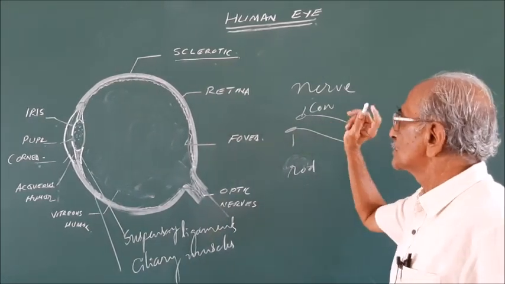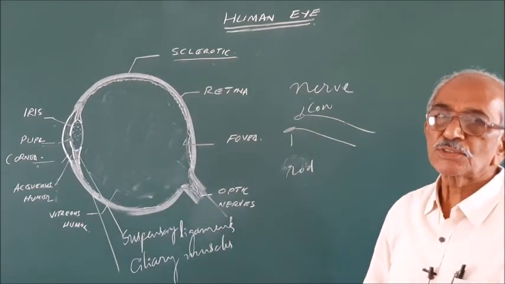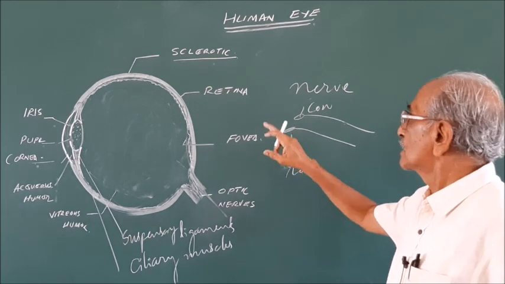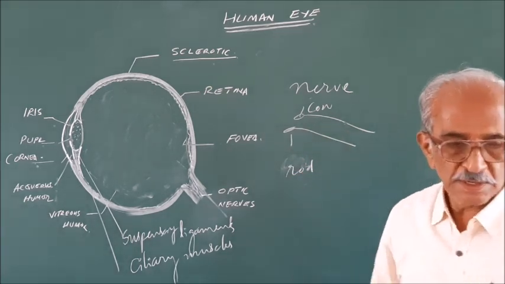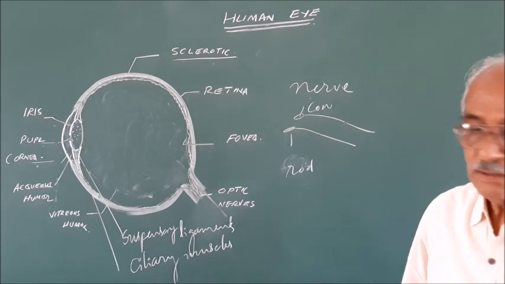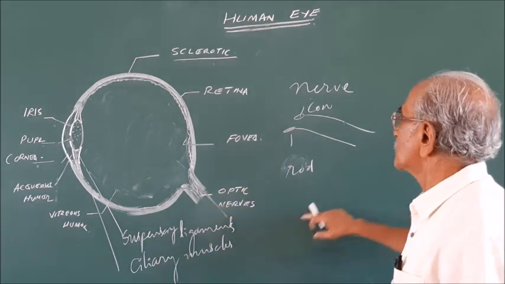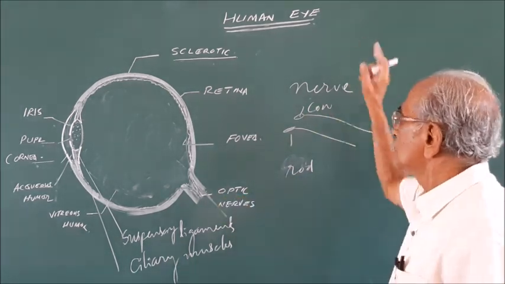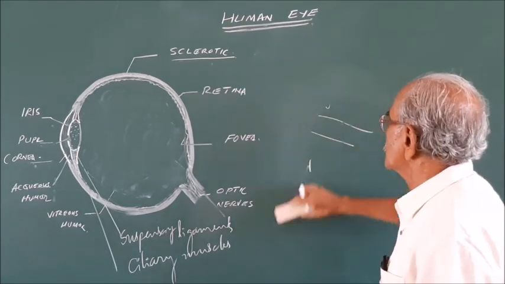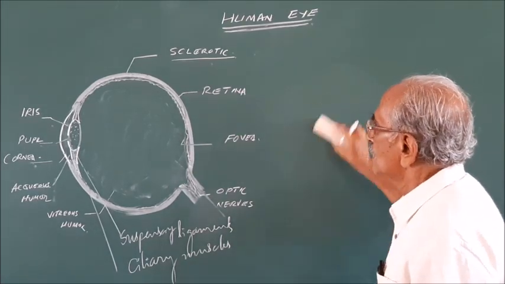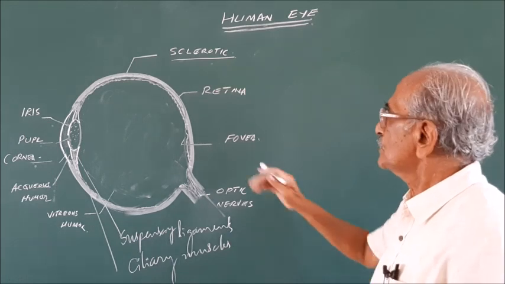These act as photoelectric cells. That is, they convert light into electrical energy, and that information is transmitted through the nerve to the brain. Now, this is briefly the structure of the eye.